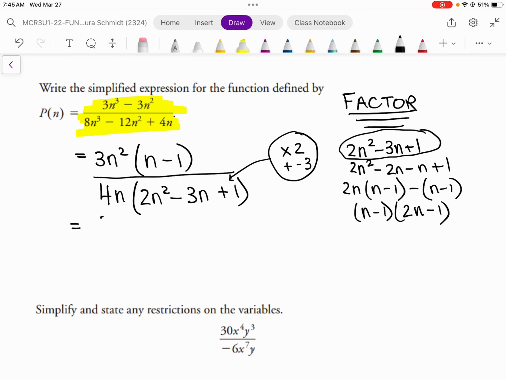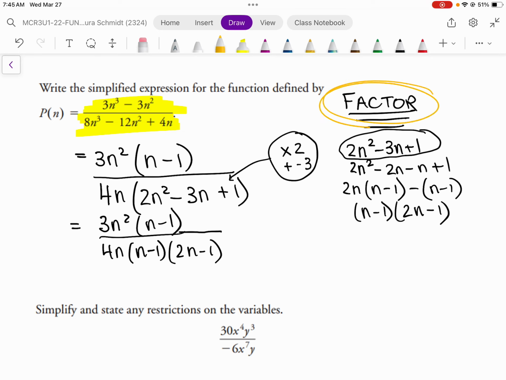Now I'm going to put that in my expression: 4n, and then this will turn into n minus 1 times 2n minus 1. So all I've done is factor everything. And it's intense. There's a million types of factoring, or 2 in this case.